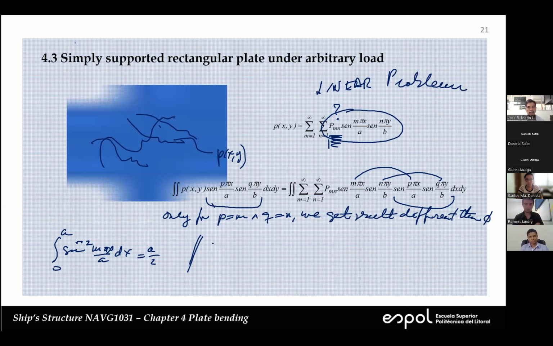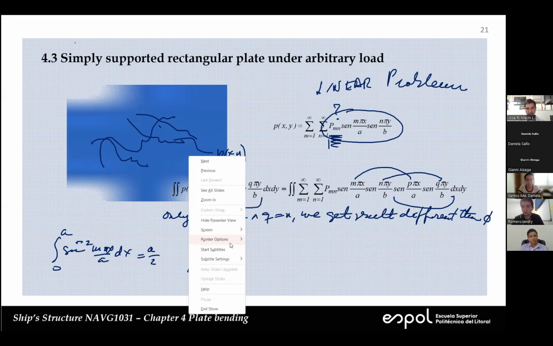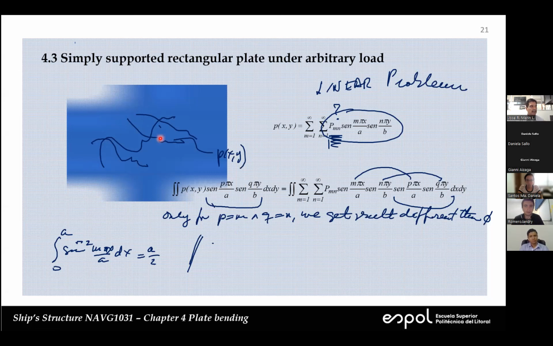Okay, so this is what we saw the other day. Let's suppose we have a very strange distribution of load. Of course, it's virtually impossible to solve the application of this load directly into the differential equation of equilibrium of the plate.